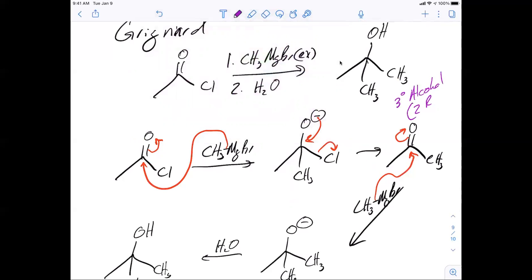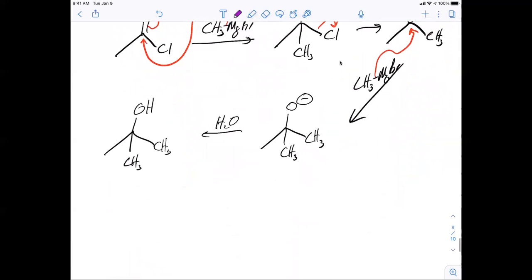Two of the R groups, right, are the same, because both of those R groups were added with the Grignard. Okay. So here I've got the two methyl groups. If I had added two ethyl groups, it's always going to end up with somewhat of a symmetric group because you're going to be adding two of the same. So when you're looking at retrosynthesis, this is something to watch for, right? Watch for two groups being added.